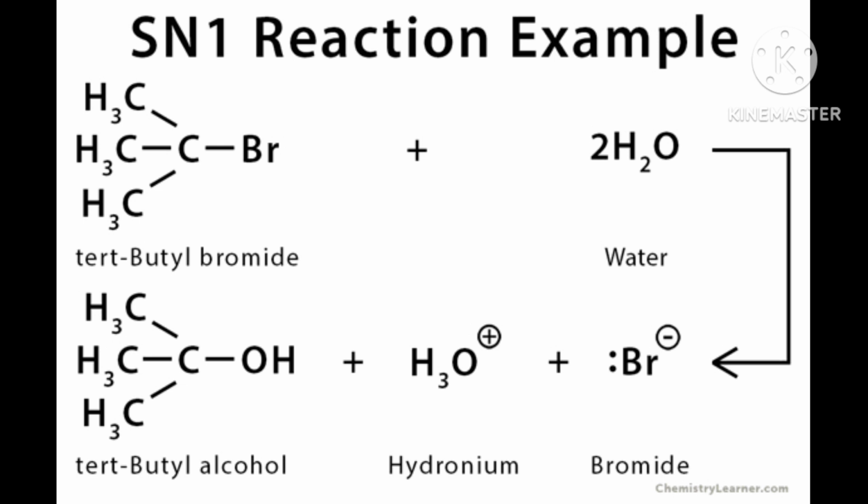There you have seen the reaction between hydroxyl ion OH minus, that was the nucleophile, and methyl chloride. Cl was there. Then OH approaches the carbon atom, and as soon as OH approaches the carbon atom, it will make a bond.